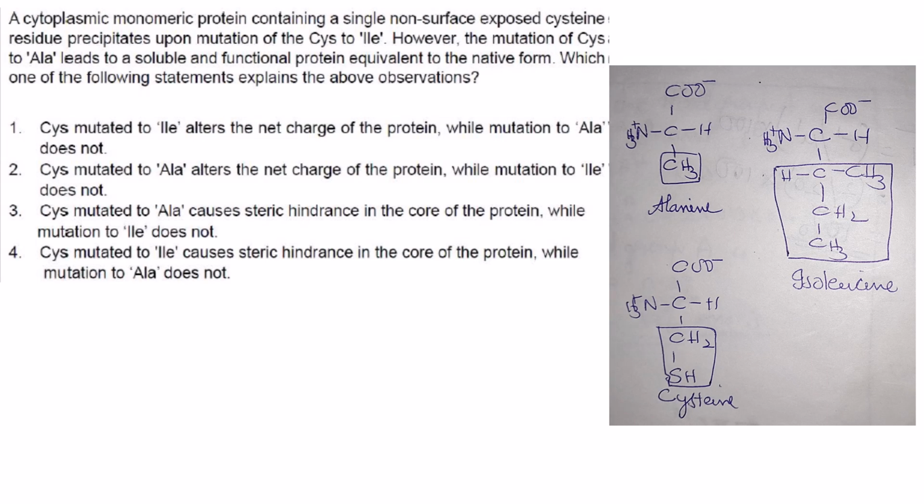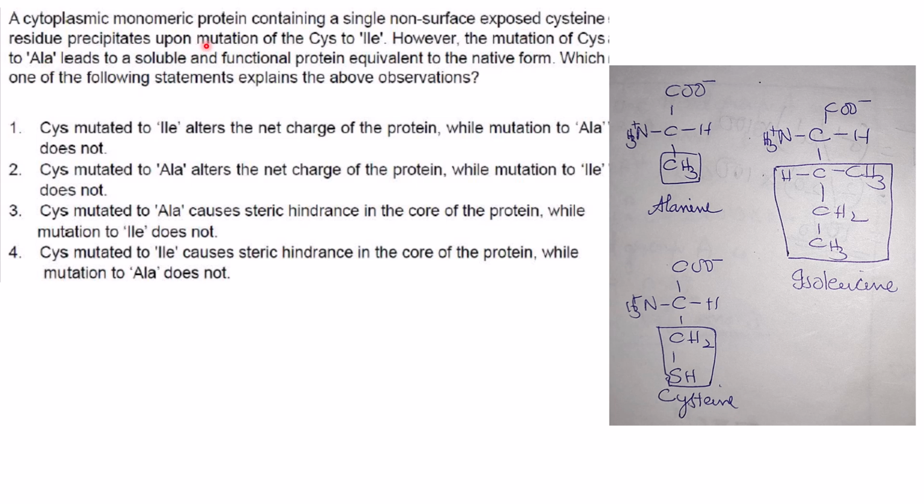Then next one. A cytoplasmic monomeric protein containing a single non-surface exposed cysteine residue precipitates upon mutation of the cysteine to isoleucine. So there is a protein, it has a cysteine residue in the non-surface portion, that is, the cysteine residue is not exposed to the surface.